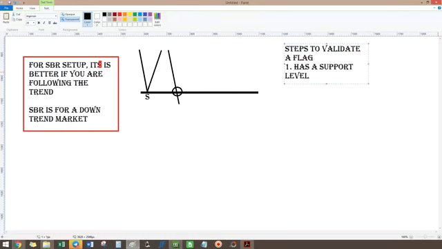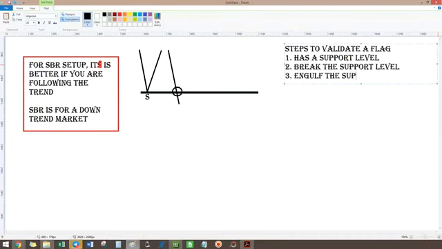For resistance, you just need to flip the chart. First, a support level. Second, break the support level. Third, engulf the support level, and then engulf the break.